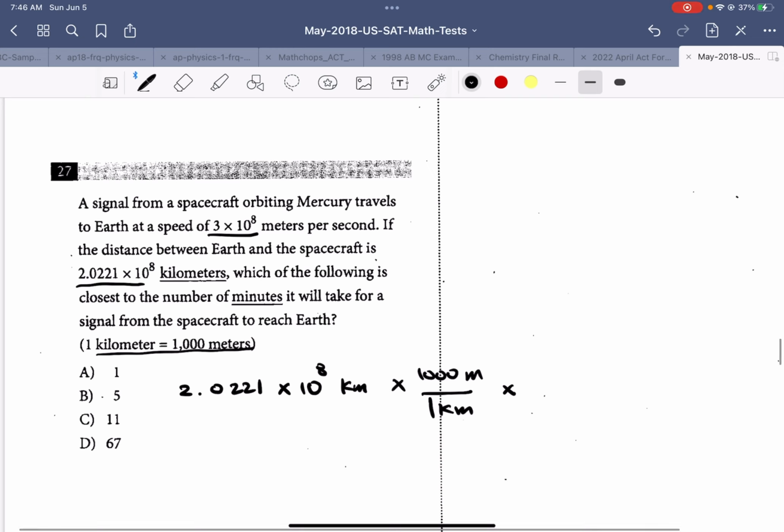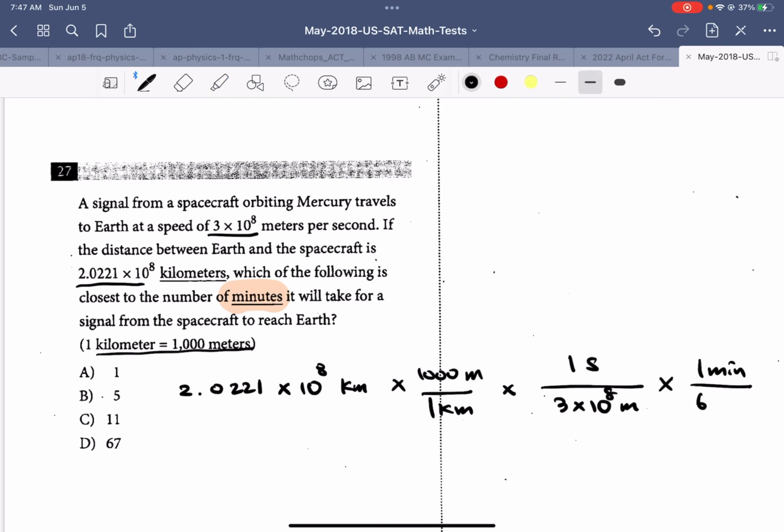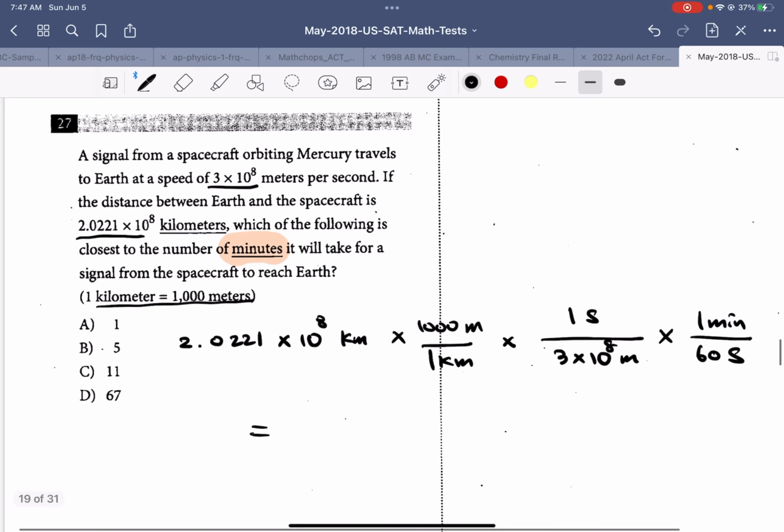Now, next one, they give you speed. So 3 times 10 to the 8 meters, it'll take 1 second. Okay, but remember, you're looking for minutes here. So 1 minute is equivalent to 60 seconds. This one we call dimensional analysis. So kilometer cancels out, meter cancels out, and second cancels out.